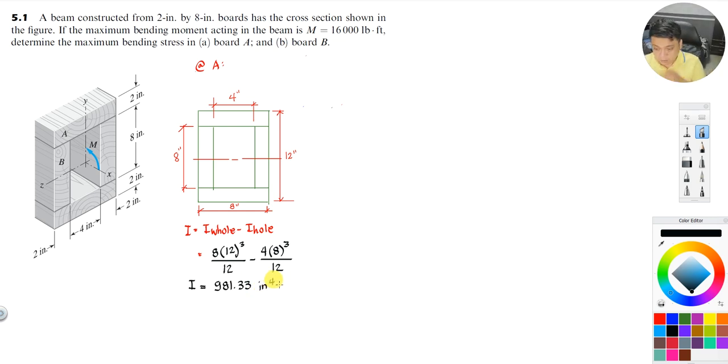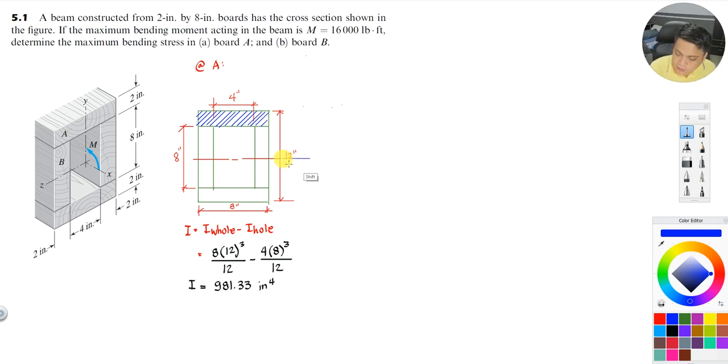Okay, now, so at board A, nasan lang ba yung board A natin? Okay, ito lang yung board A. Either taas or baba, same lang sila, no? They are perfectly symmetrical naman. So I will just try to have this board A. Ngayon, mula dyan, nasan ba yung pinakamalayong fiber, kasi hinahanap natin is maximum, ano?